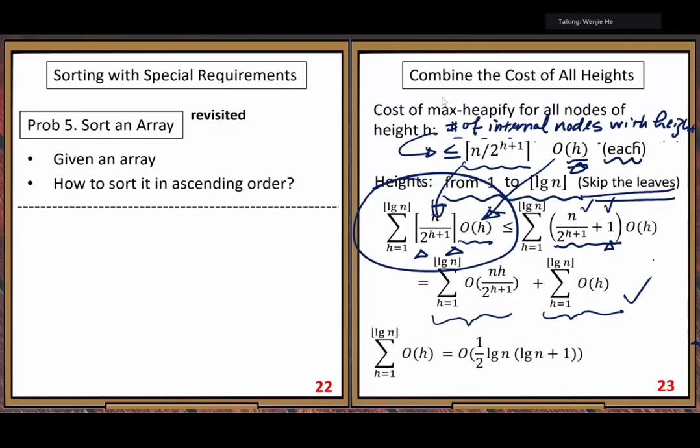Because it is a sum of consecutive integers, big O we can treat as a constant multiple. In your mind, just think there is a constant capital C times H, so you can take that capital C out. Inside, for the big O notation, the 1/2 is not important, we can ignore it.